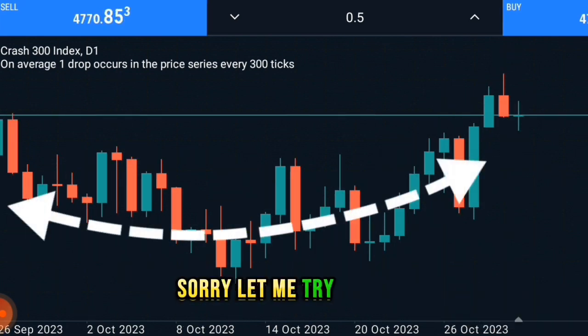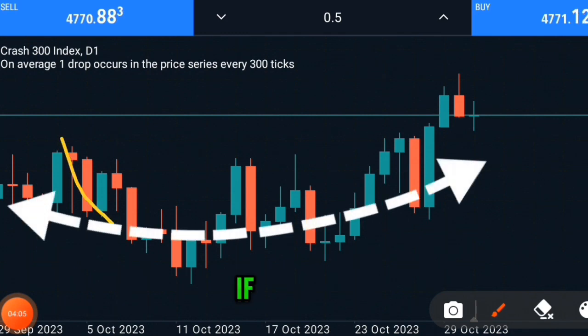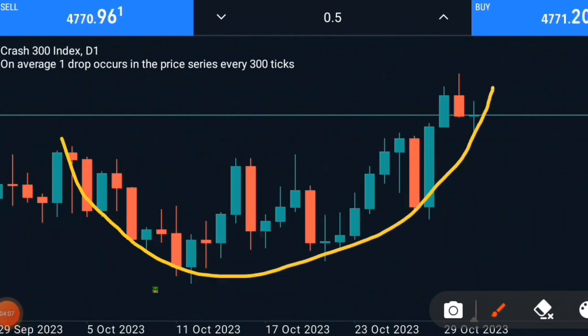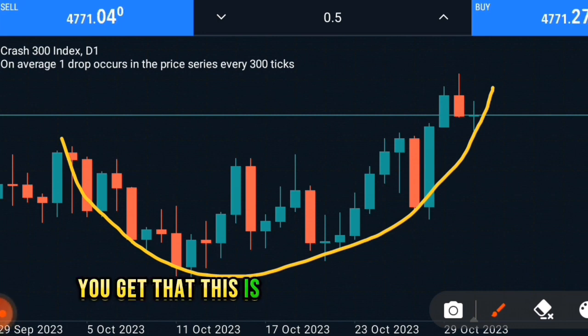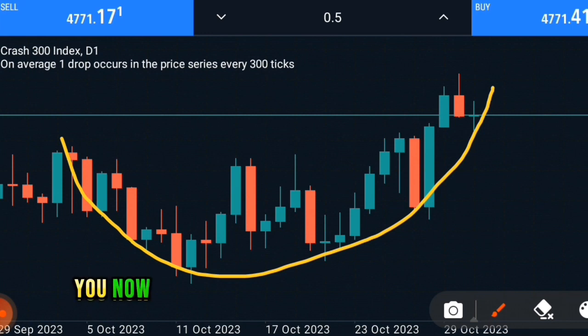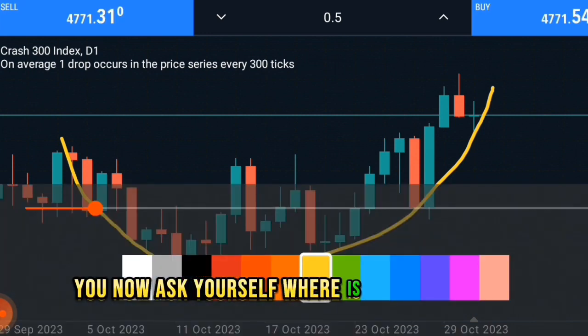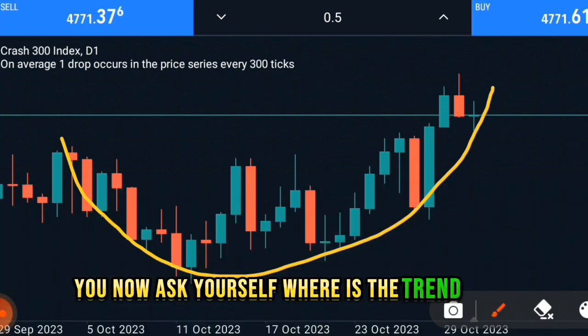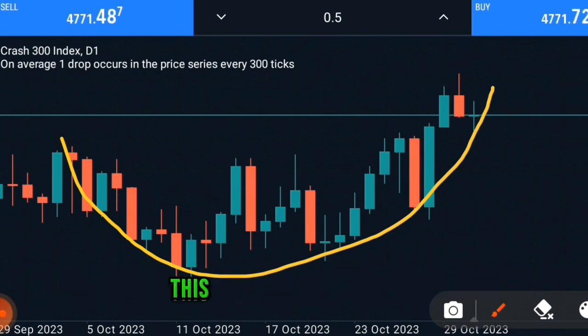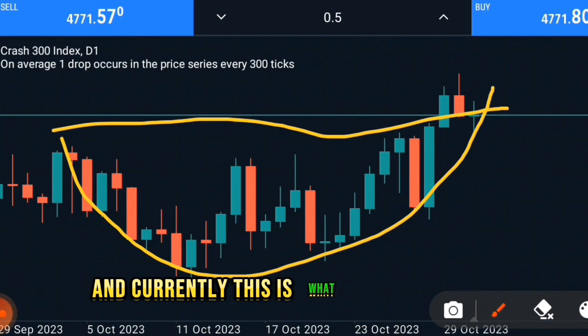Sorry, let me draw it again. If you check, you see something like this. This is the position of the market. Do you get that? This is the position of the market. So when you check the position of this market, you will now ask yourself, where is the trend going? This is where it came from, and currently this is what we can think of.